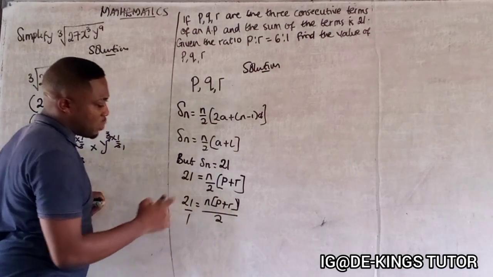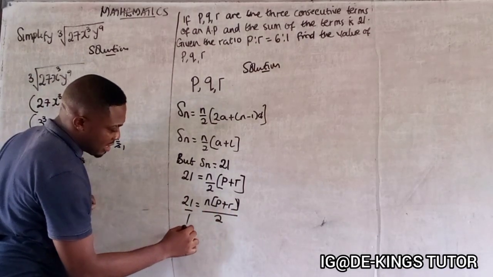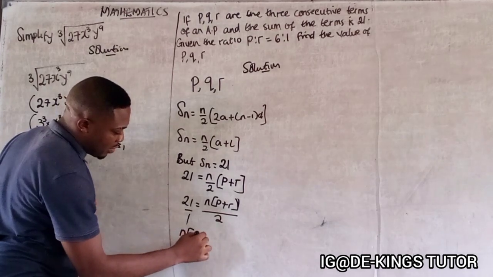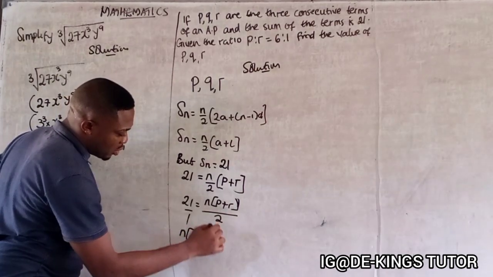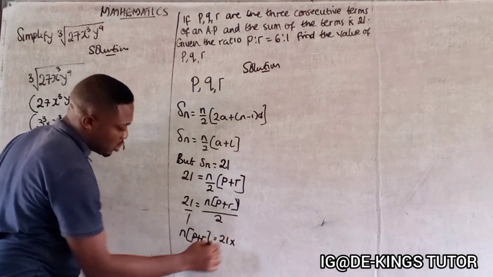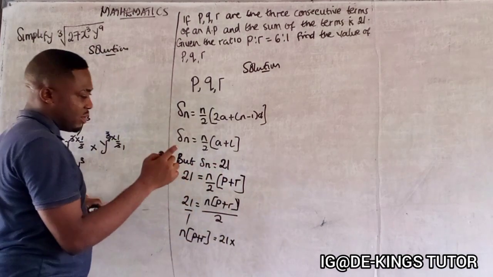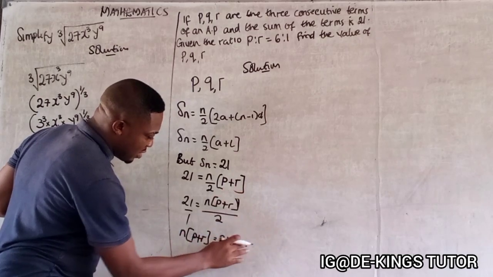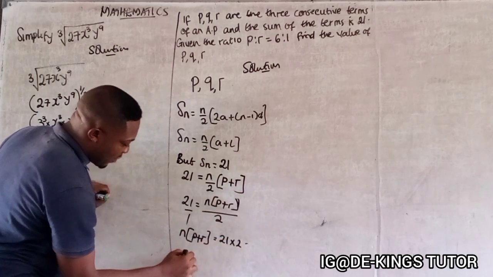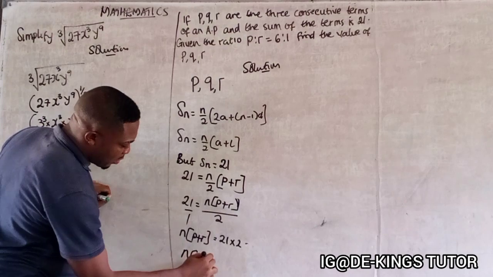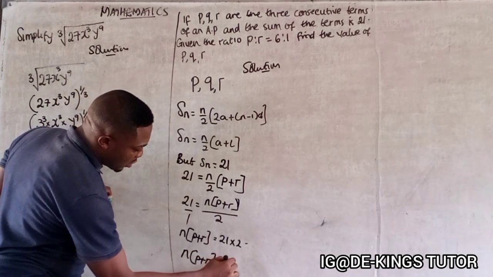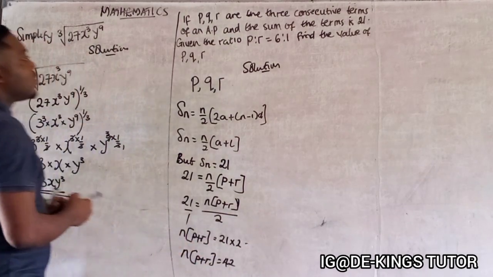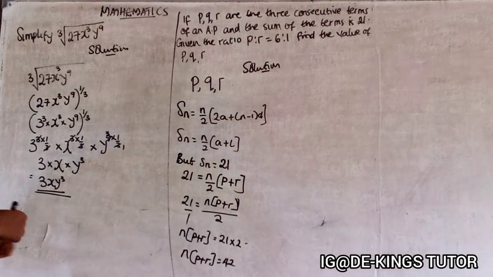Now when we cross multiply, we'll have this as n into (P plus R) equals 21 times 2. What do we have? 21 times 2 is what? 42. So I have n into (P plus R) equals 42. Okay. So that is the first one.